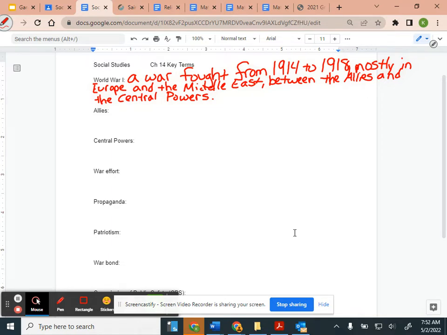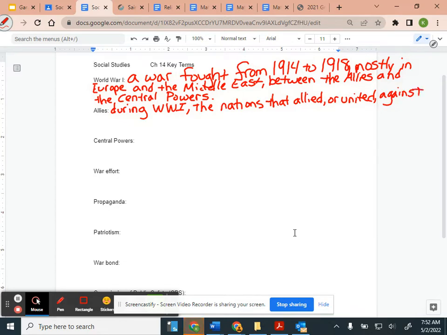So the Allies during WW1, and instead of writing it out, I'm just going to do WW1. During World War I, the nations that allied or united against the Central Powers of Europe.